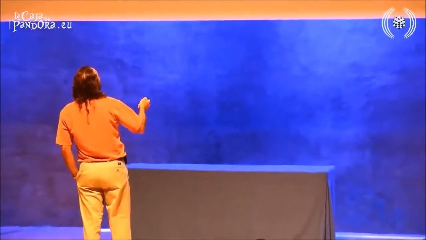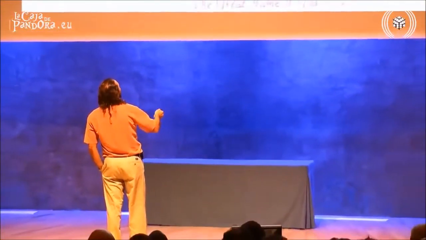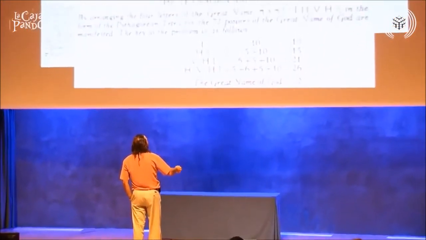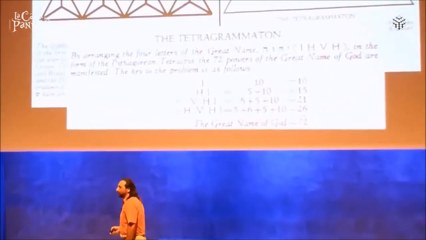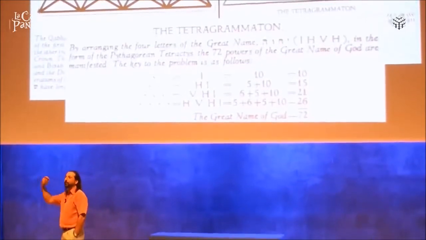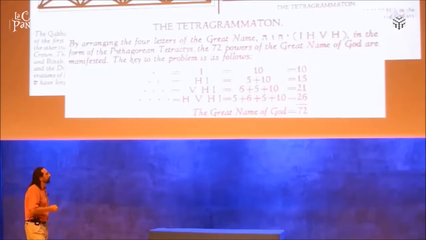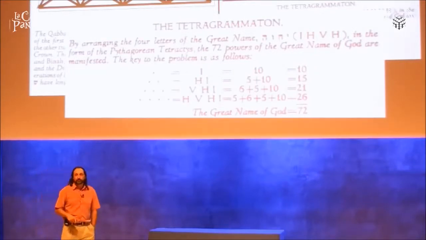And each letter has a number, and when you add the numbers together you get 72, which is found in the Bible everywhere, the 72 faces of God, or the 72 names of God.